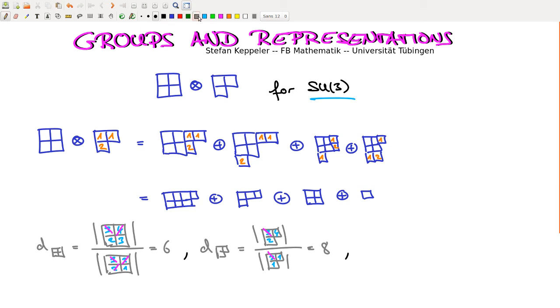Then we have this huge diagram here. So what's the dimension corresponding to that one with these 7 boxes? Let's draw it here. Again, we need the hook length in the denominator. 1, 2, 3, 4, 5.